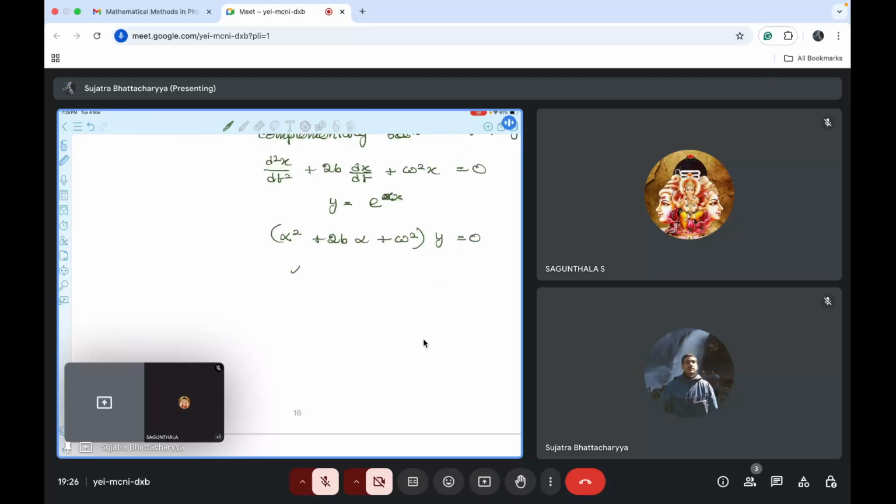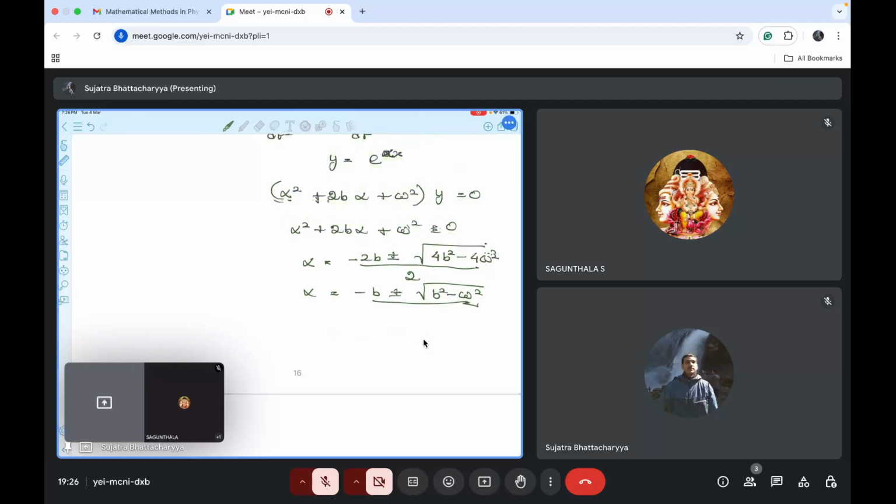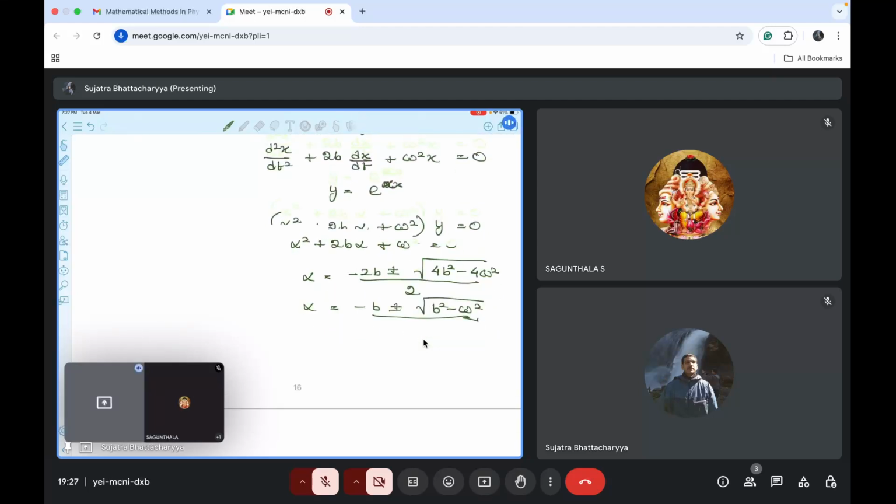Or we can write alpha square plus 2b alpha plus omega square equal to 0, because we want non-trivial solutions. So alpha will be equal to minus 2b plus minus root over 4b square minus 4 omega square, divided by 2. So alpha becomes minus b plus minus root over b square minus omega square, because the 2 is cancelled out.